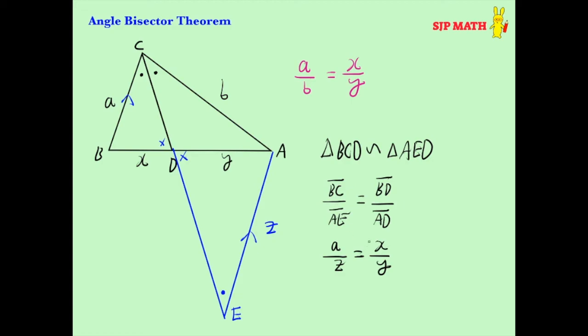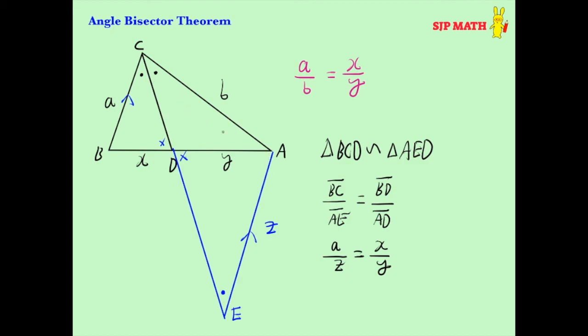Okay, so we're almost done now. We're getting really close to our formula, but we have this variable z though. What are we going to do with this? So we have to look at this diagram more closely and find some more facts about it. So here we see that angle ACE is equal to the measure of angle AEC.